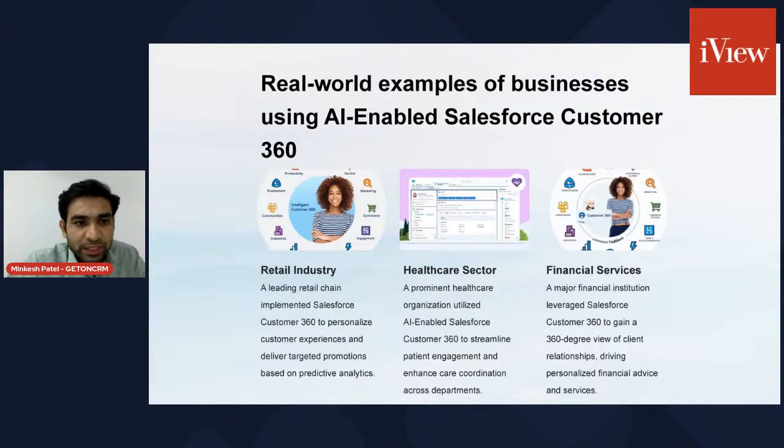At that time I was there at the center, and my query was resolved within 30 minutes. So this is the power of Customer 360, which you can leverage and give to your customers if you implement Customer 360.